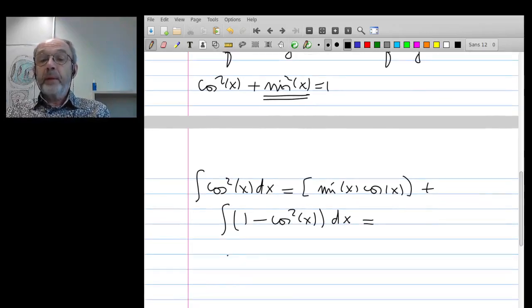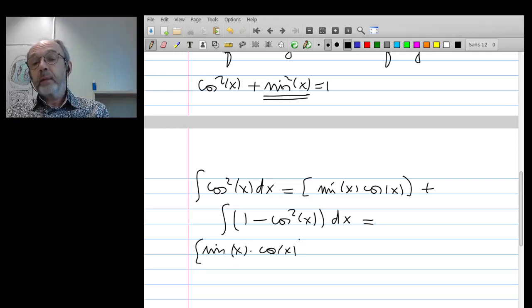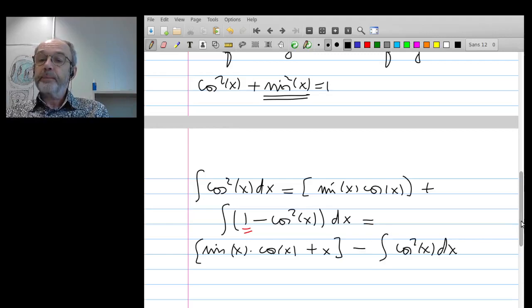You have now between the brackets still sine x times the cosine of x. Then we have plus, and then you have your primitive function of 1, and that becomes equal to x. So we can write down for the brackets first sine x times cos, and then plus x, and then minus the integral of cosine squared dx.